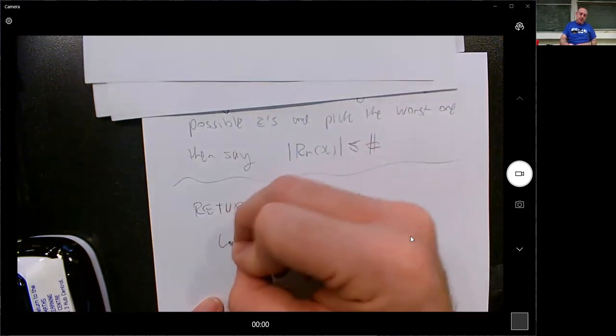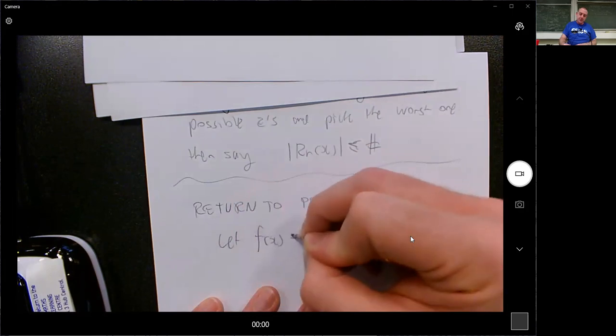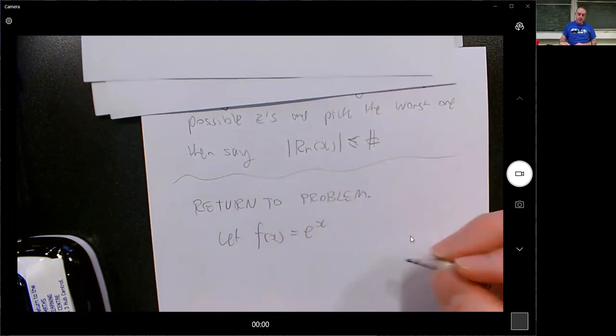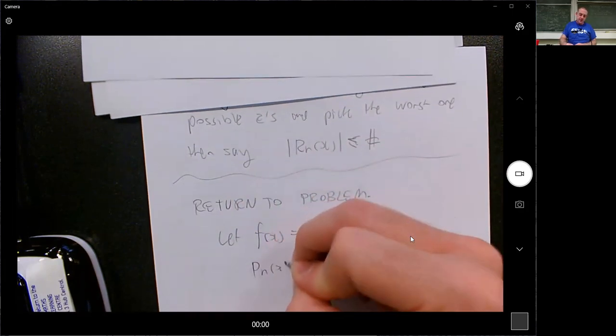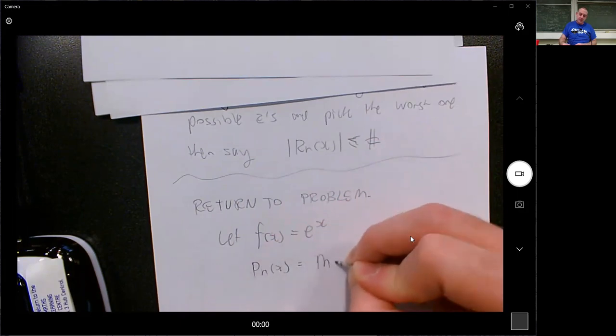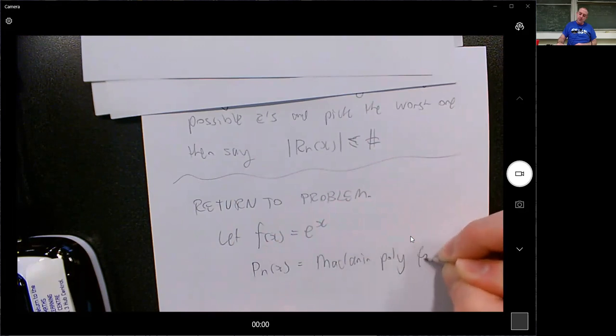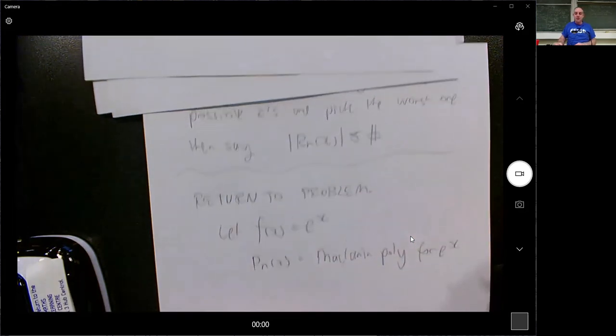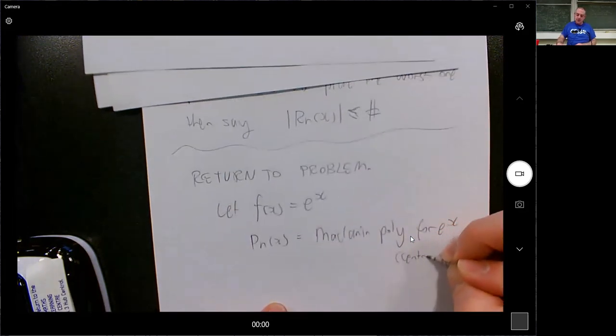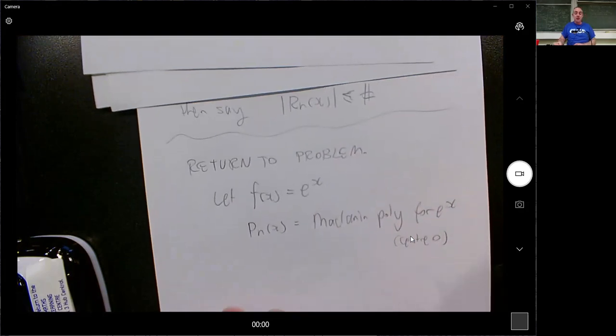I'm going to let f of x be equal to e to the power of x, and Pn of x is the Maclaurin polynomial for e to the power of x, which means that the centre is 0. And we know what that looks like.